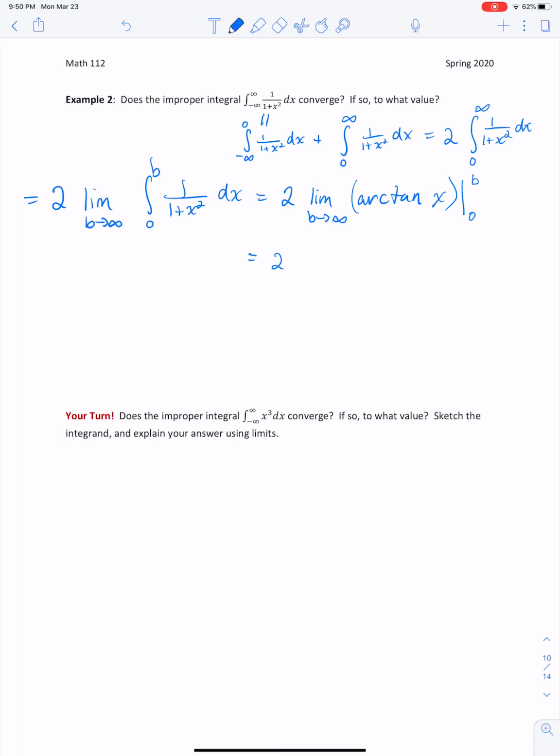And this is equal to 2 times the limit as b goes to infinity of arctangent of b minus arctangent of 0.